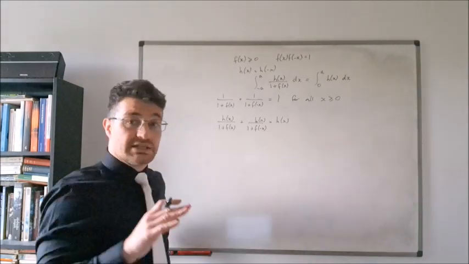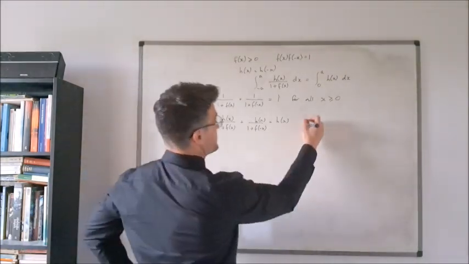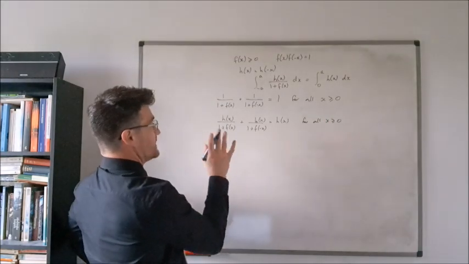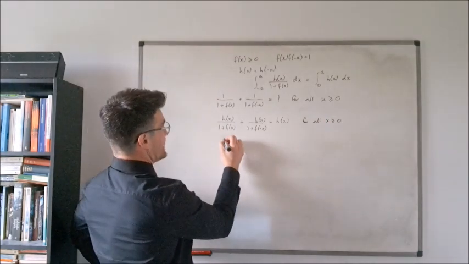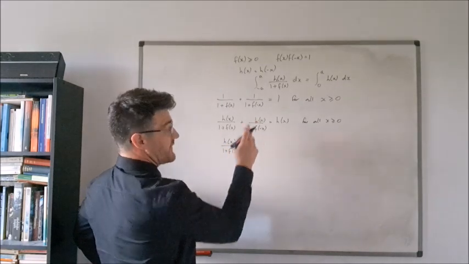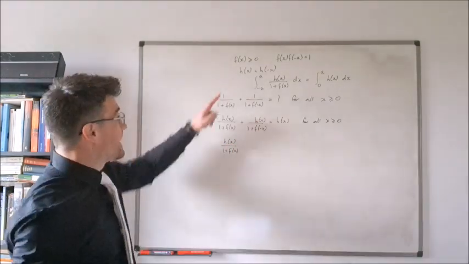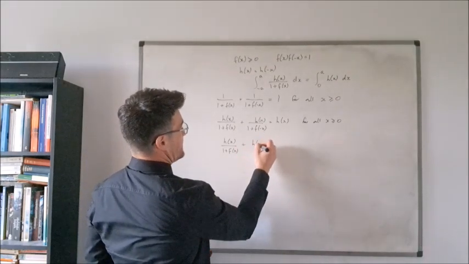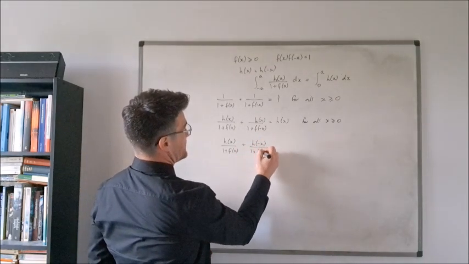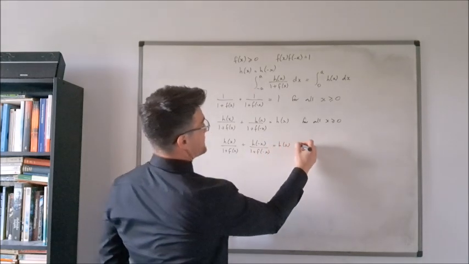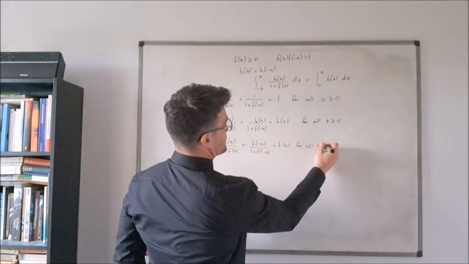Now here's the little trick, and that's for all x greater than or equal to 0. We're going to write this as h of x over 1 plus f of x. We know that h of x is equal to h of minus x over 1 plus f of minus x is equal to h of x. Again, for all x greater than or equal to 0.